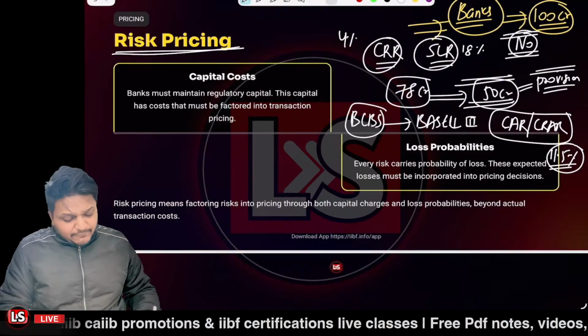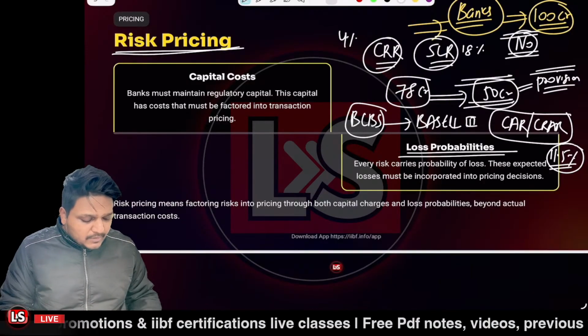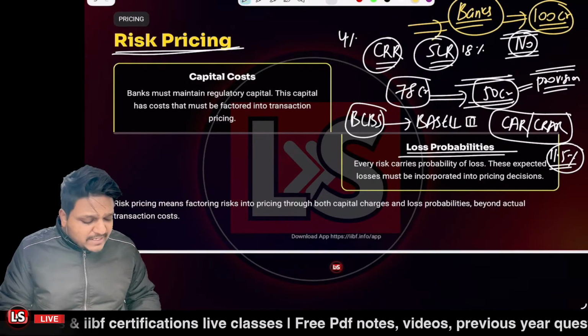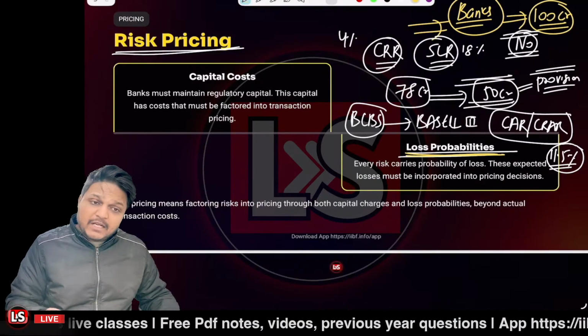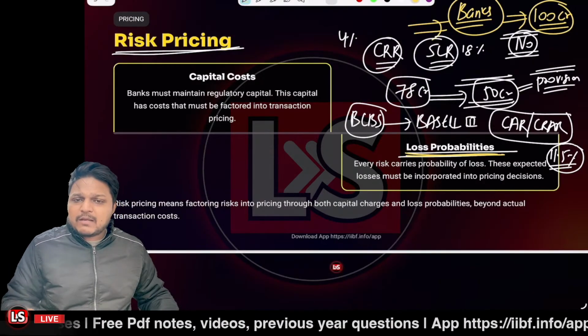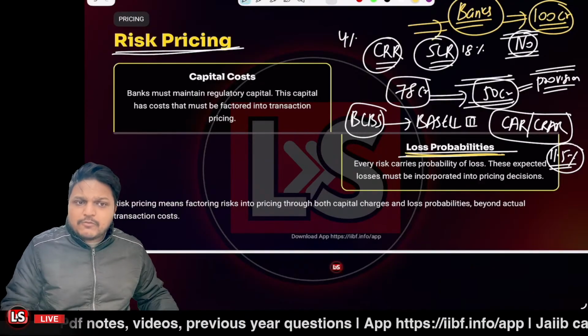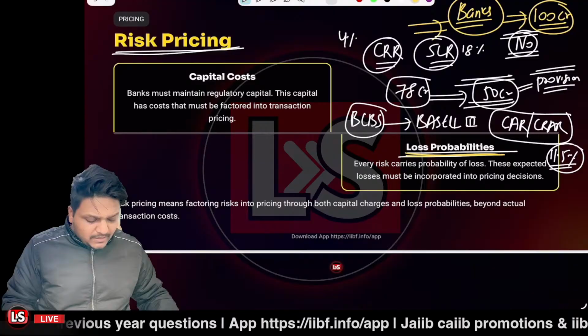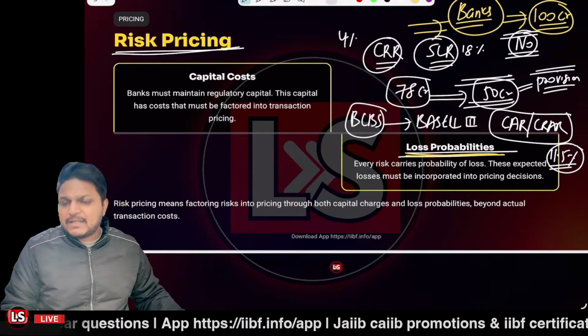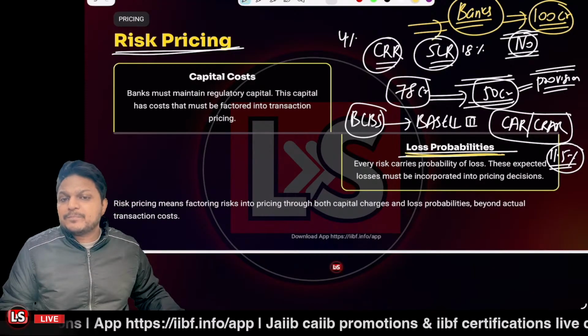Other than that, there is a loss probability that the people to whom you have extended loans and credit lines can default. There is a probability of loss, and that is also to be factored into the price.